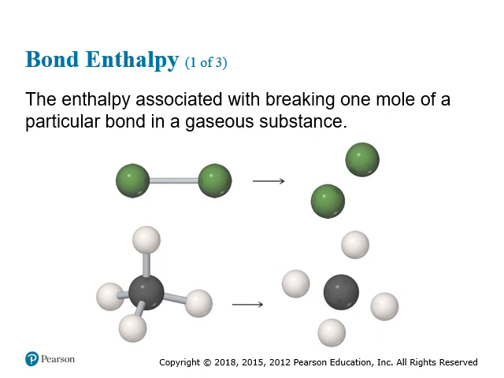On the bottom, we see what can be approximated as a methane molecule, methane having the molecular formula of CH4. The black ball at the center represents a carbon atom, and it is bonded to 4 hydrogen atoms. In order to break all 4 of those carbon-hydrogen bonds, a certain amount of energy must be put into the system.